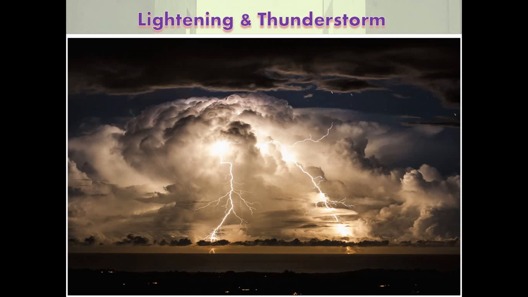In storm clouds, tiny particles move around, picking up positive or negative charges. The positively charged particles stay light and rise to the top of the cloud. The negatively charged particles get heavier and collect at the bottom of the cloud.